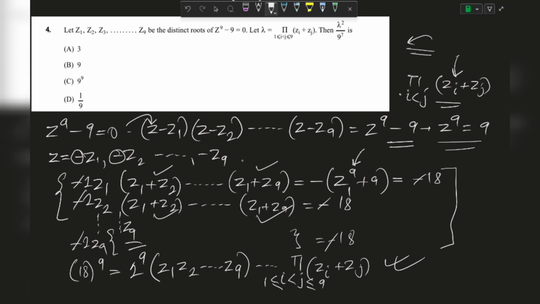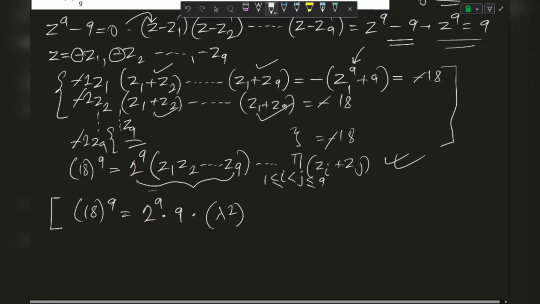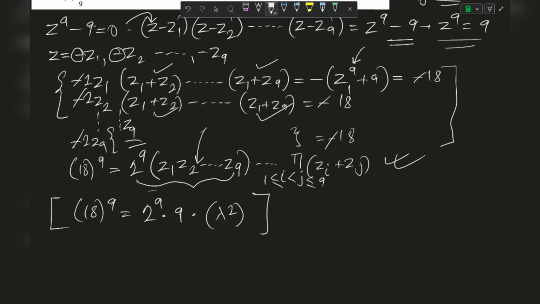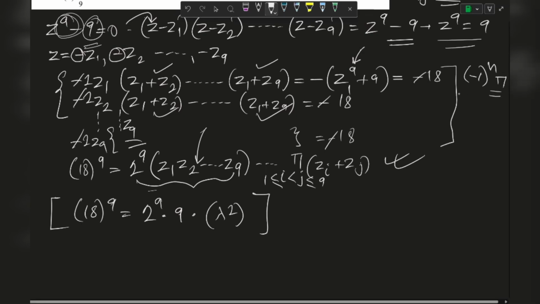So if you observe carefully in this particular part, I will write it out. I have to change the page. So this is our final result. All of these terms multiplying, the product of the terms will be 9, which I guess is pretty obvious from here. I don't have to explain this because Z power 9 equals 9. If we had the middle terms, we would take the sum 2 at a time, 3 at a time, but the last term is always, and as this power is odd, the last term will be minus 1 power n times the product of all the roots.